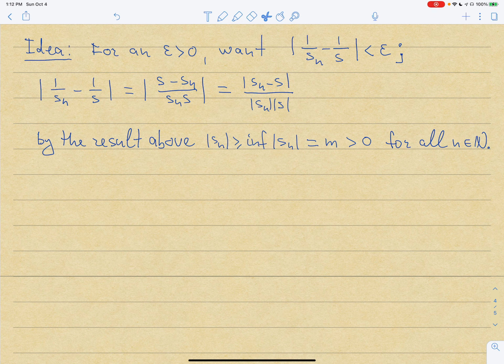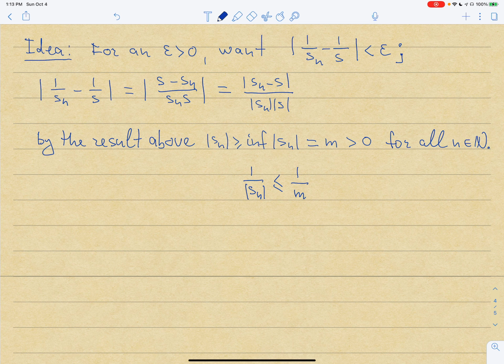But if absolute value of Sn is greater or equal than m, then 1 over absolute value of Sn must be less or equal than 1 over m, right?